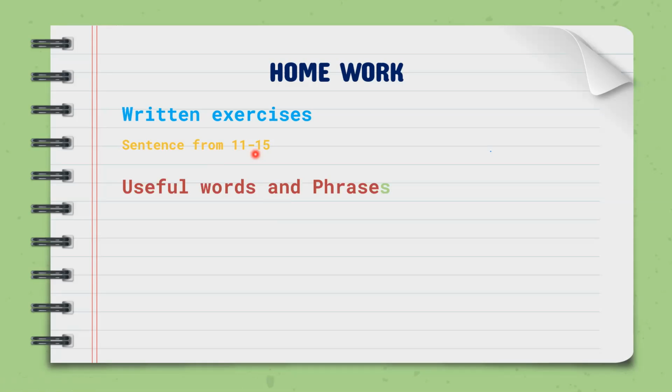Be careful to use the adjective degree that is supposed to be used. And then the second exercise, useful words and phrases. Here only three sentences, 6, 7, and 8 are given, like use the word for. Only three, like my mother bought a new pair of shoes for me, for my sister, like this. So this is your homework, dear students.